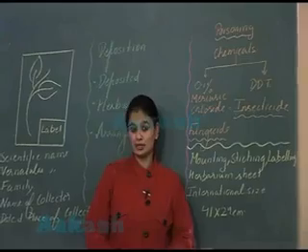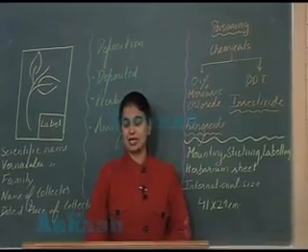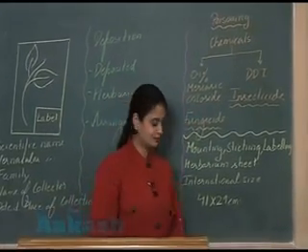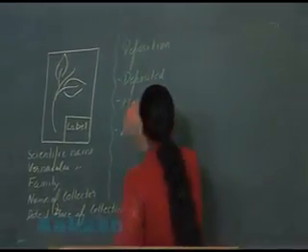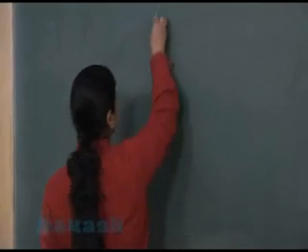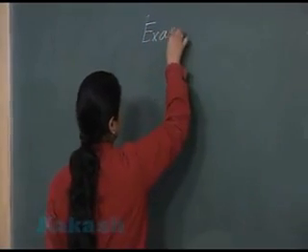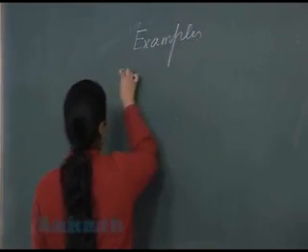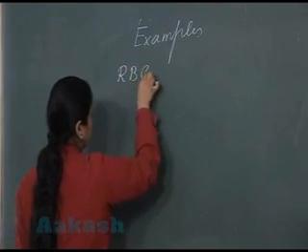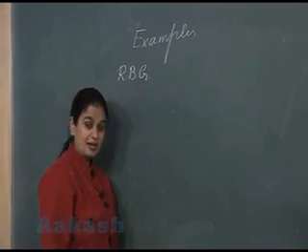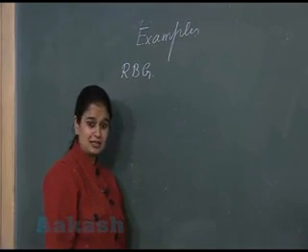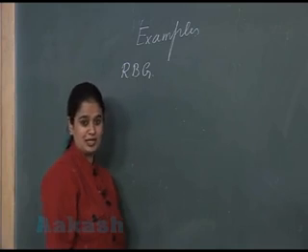So now we are going to cite examples as well as uses of herbarium. Let's write certain examples. RBG, that is Royal Botanical Garden. रॉयल बोटानिकल गार्डन के साथ एक हर्बेरियम एसोसिएटेड है.